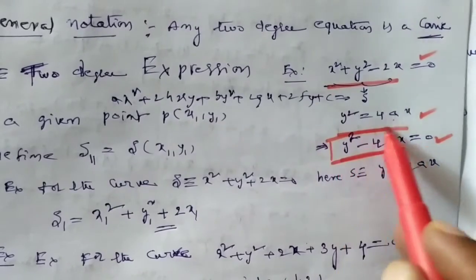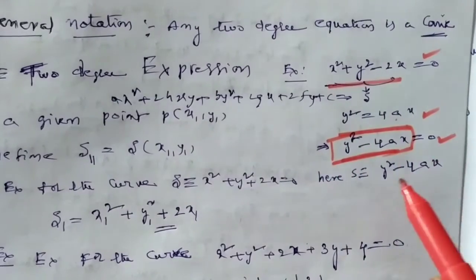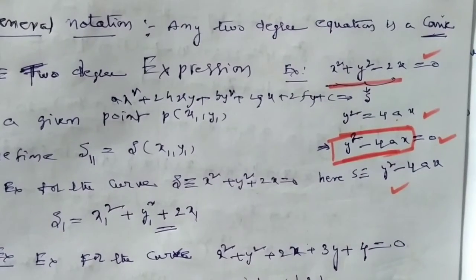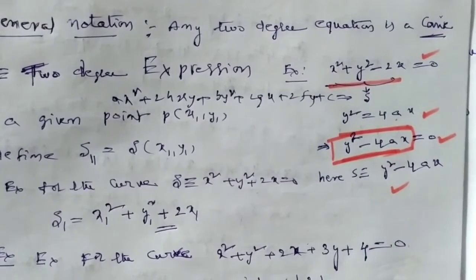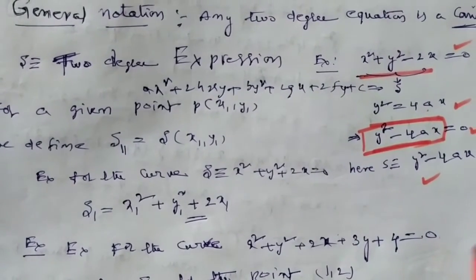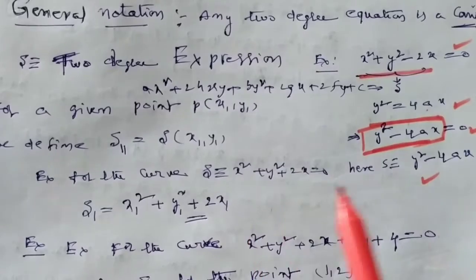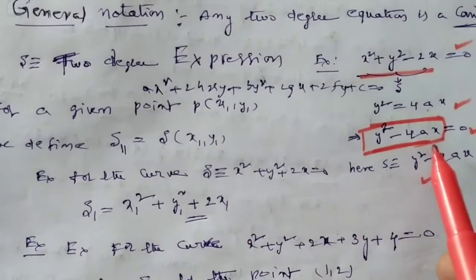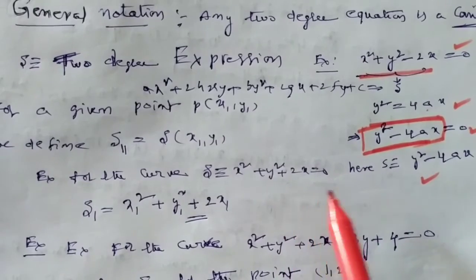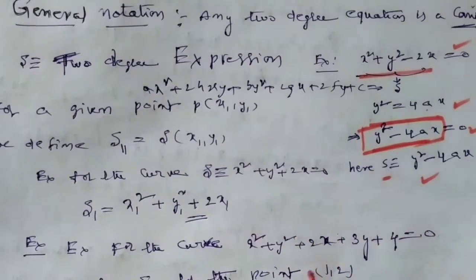In this particular equation, y square minus 4ax is denoted by S. So generally, in any conic equation, by collecting all the terms to the LHS and equating to 0, whatever expression we get on the LHS is denoted by S.